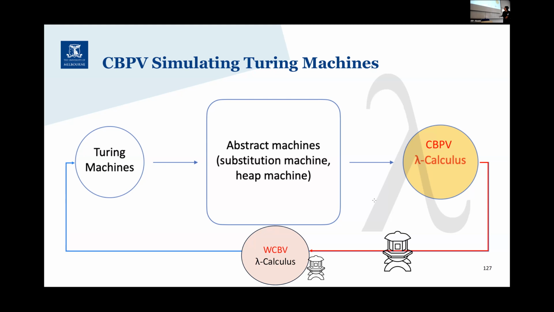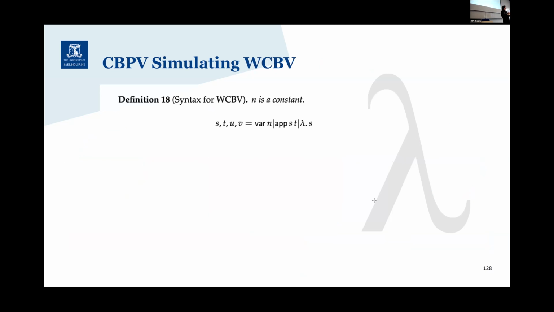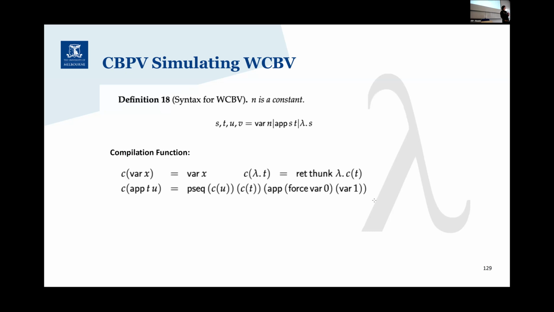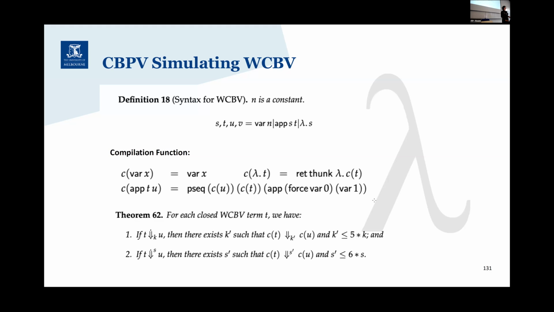We formalized both the weak call by value lambda calculus and this simulation in HOL4 as well. So we first defined weak call by value lambda calculus: variable, application, abstraction. And then we defined the compilation function. This compilation function follows the definition provided by Paul Levy for call by value and call by push value in his thesis, except that we use pseek here instead of seek.